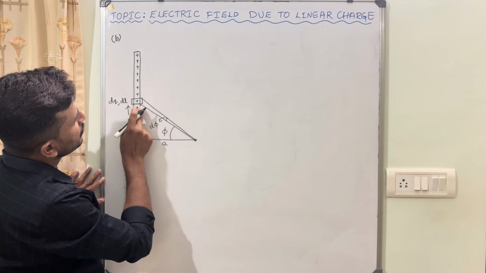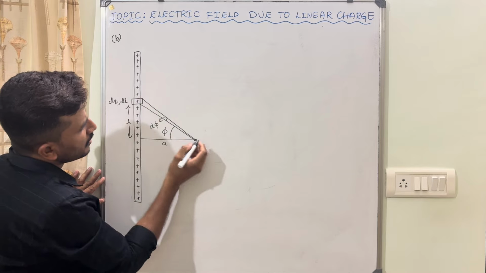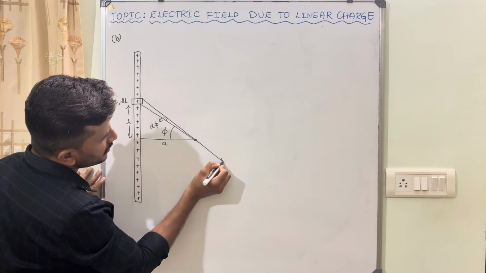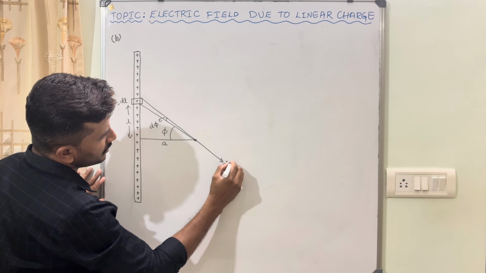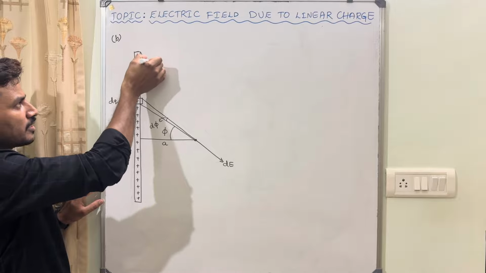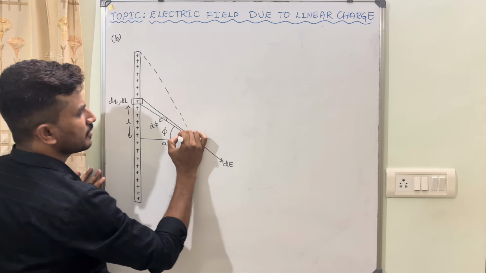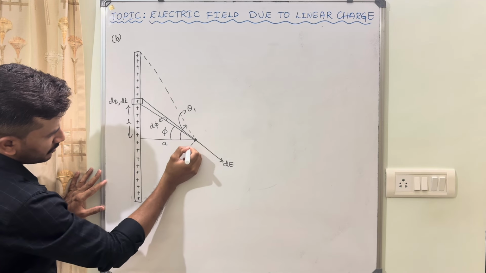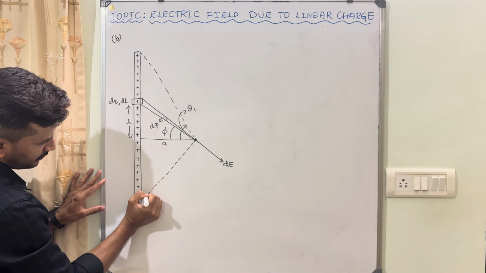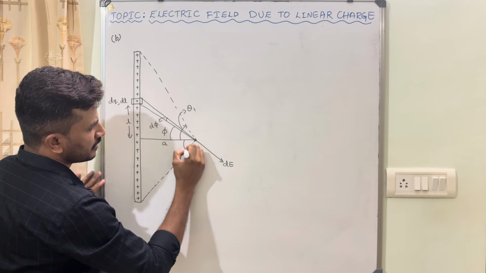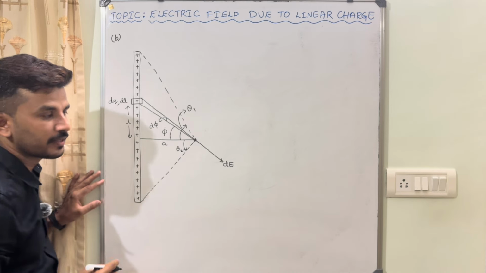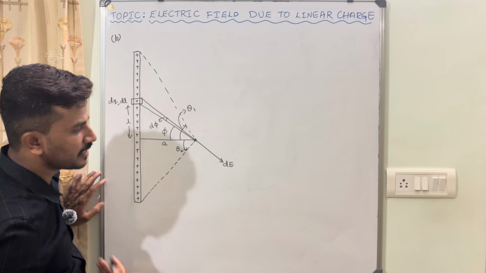So the electric field due to this charge element will be radially outwards in this direction, that is dE, a small electric field. But I want the electric field due to the complete wire. So I will take this side also one angle, that is theta 1, and this side also consider one angle, theta 2.